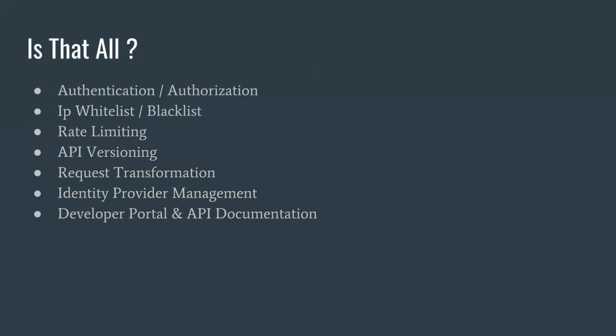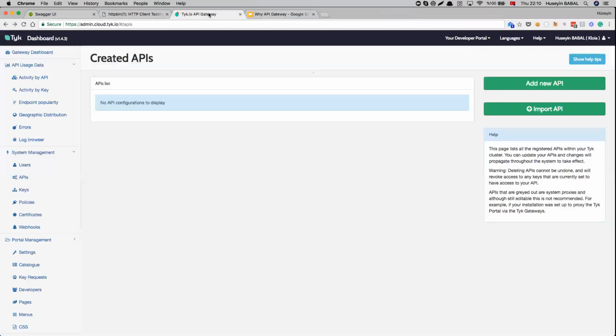In API gateways, you can easily set up your developer portal, and then your developers or external developers can easily register and acquire a key in order to consume your API endpoints. I think API gateways are more advanced than the simple workarounds. So let us start with the demo.